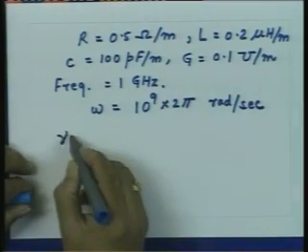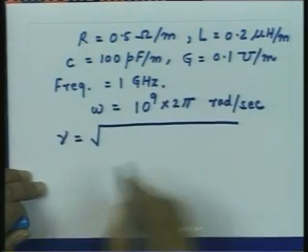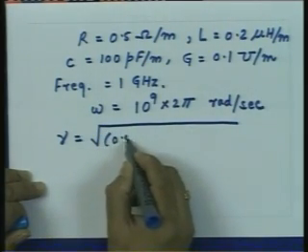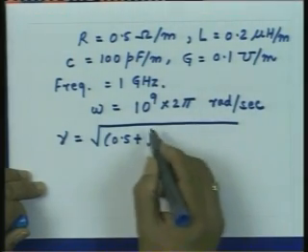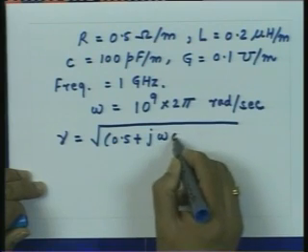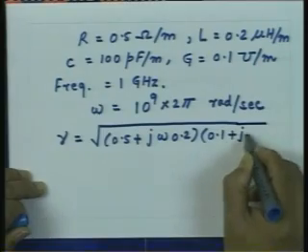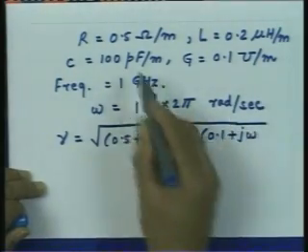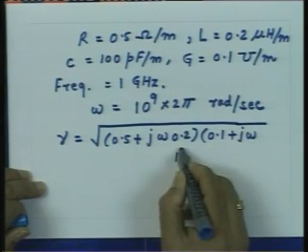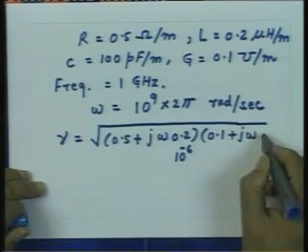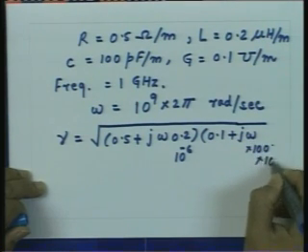Then the propagation constant gamma, which is the square root of (R plus j omega L) times (G plus j omega C), you can write here as 0.5 plus j omega into 0.2, with microhenries so this has to be multiplied by 10 to the power minus 6, times 0.1 plus j omega into 100 picofarad, which is 100 into 10 to the power minus 12.